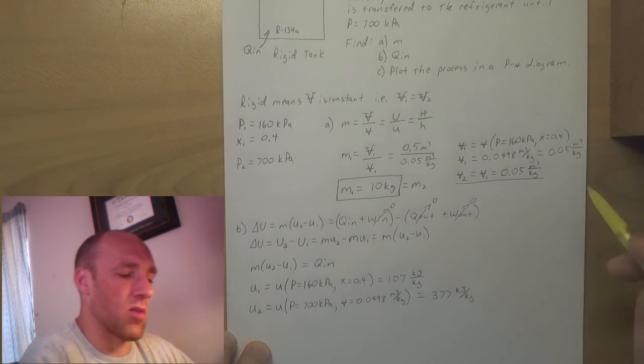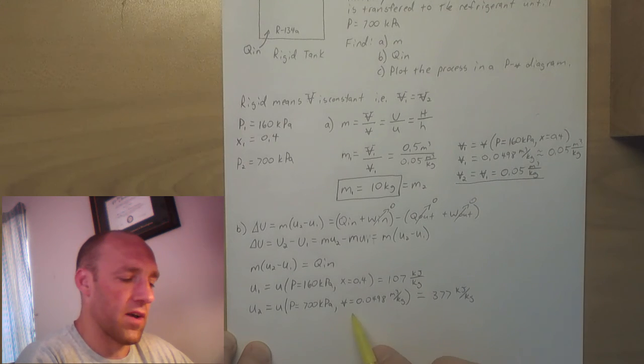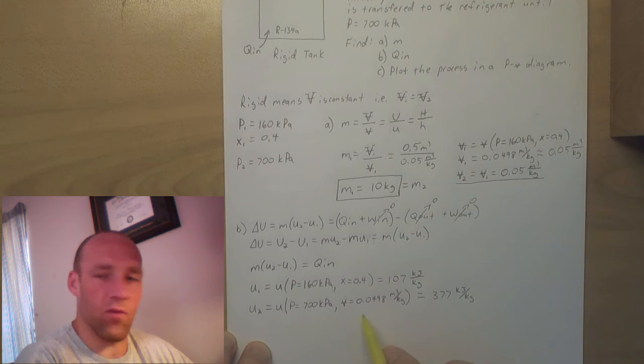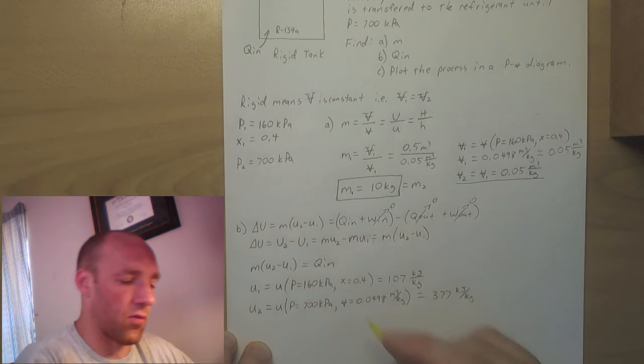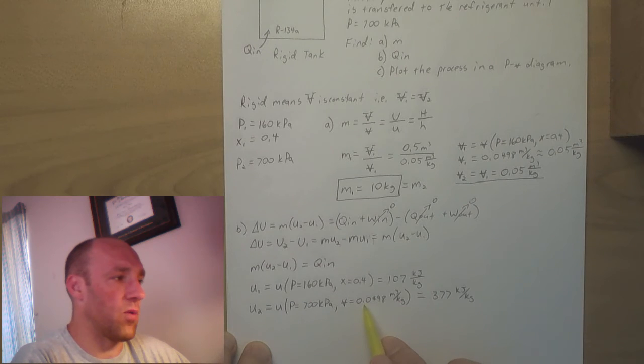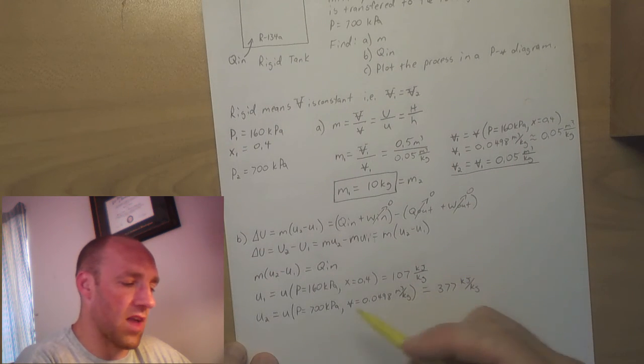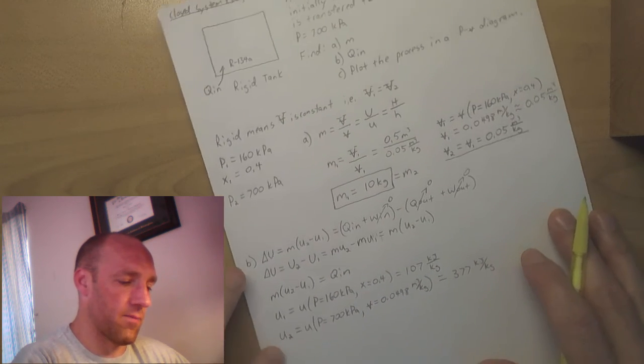But then you're going to have to use some intuition and some knowledge of the system in order to infer the second property for the final state. Okay, so there's a little bit of thinking that has to go into fixing the other state. All right, but then once you have the two states, pulling the information out is pretty straightforward.